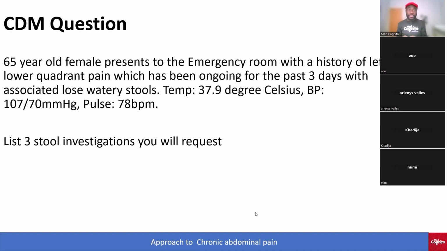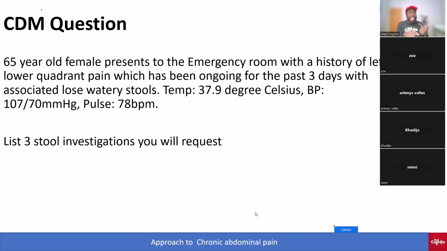Sure. So this is diverticulitis plus diarrhea. Diverticulitis plus diarrhea. What other investigations will you do apart from your CRP, apart from your CBC, apart from your lipase? Because you're looking at all the differentials, right?